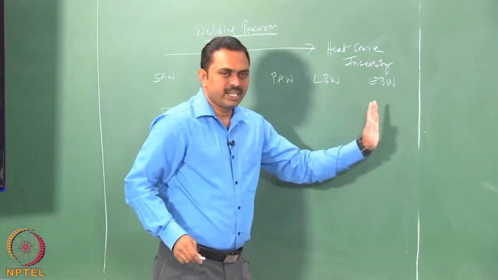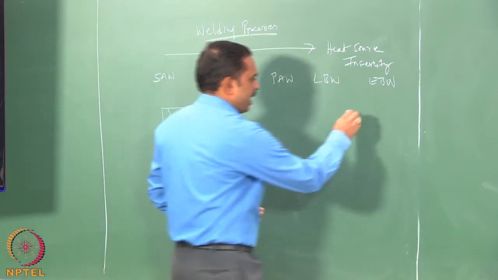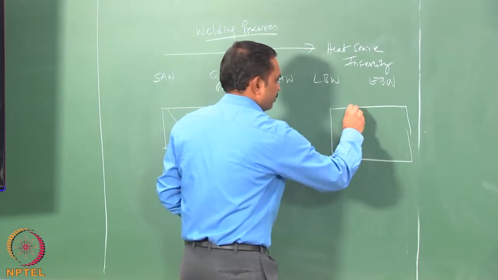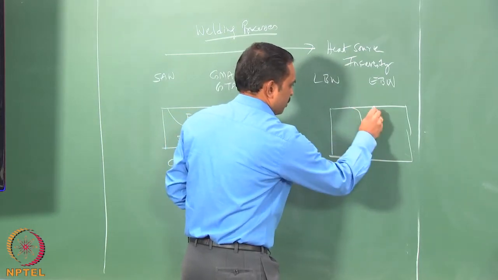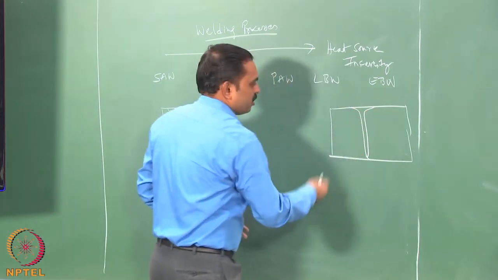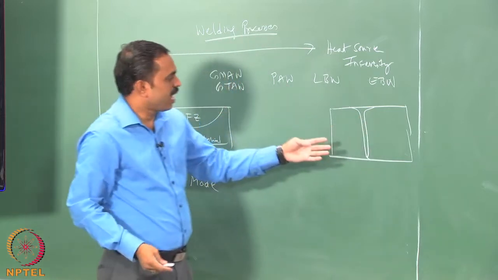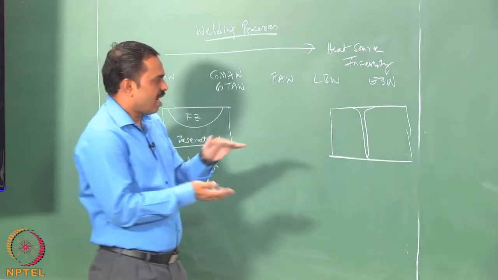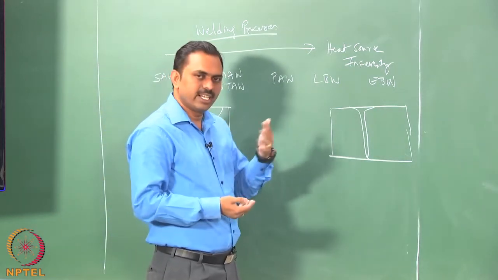Once you go to the other end of the spectrum, you usually have a weld pool shape as follows. This allows very deep penetration, so that very large thicknesses can be welded in a single pass.